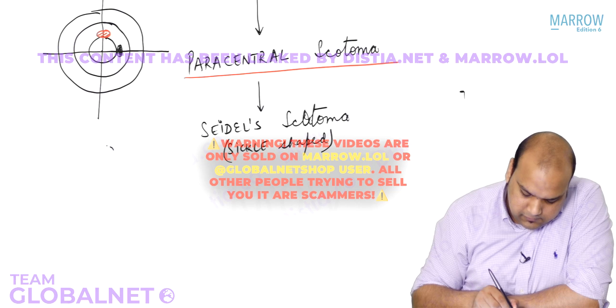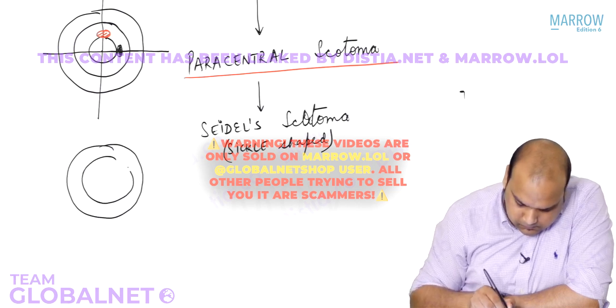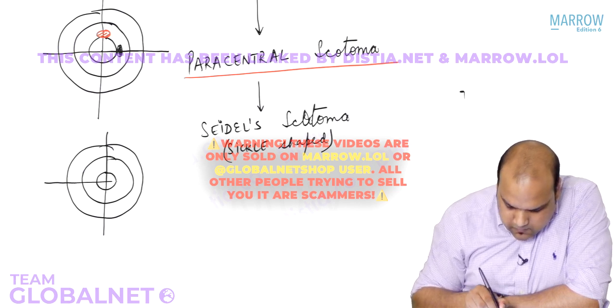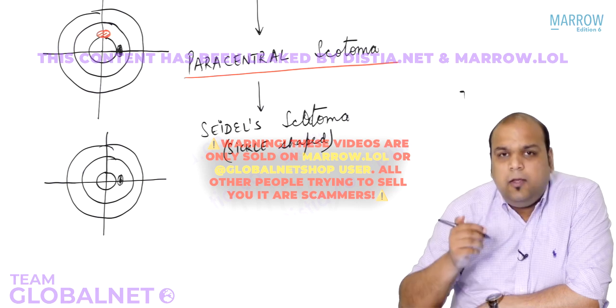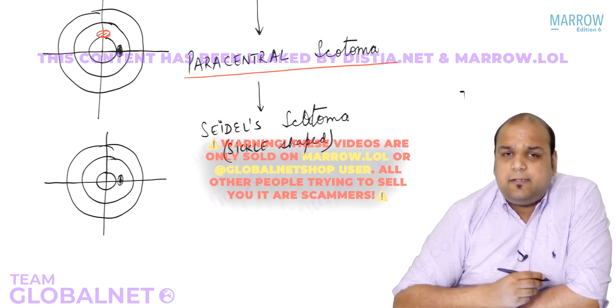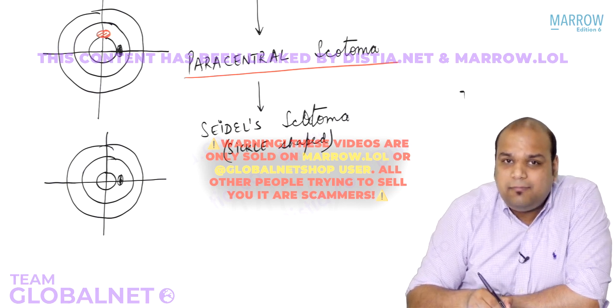Okay? Now, what is the logical extension of paracentral scotoma? Paracentral scotoma will say there is a naturally occurring blind spot. Yes?